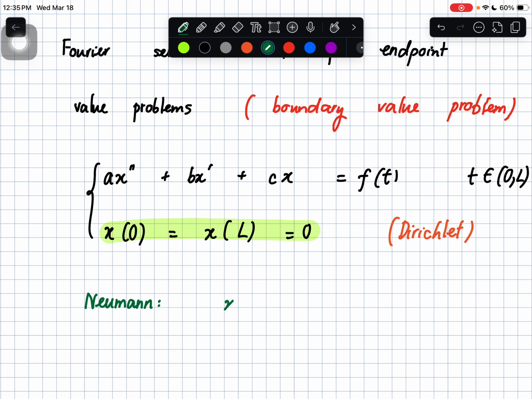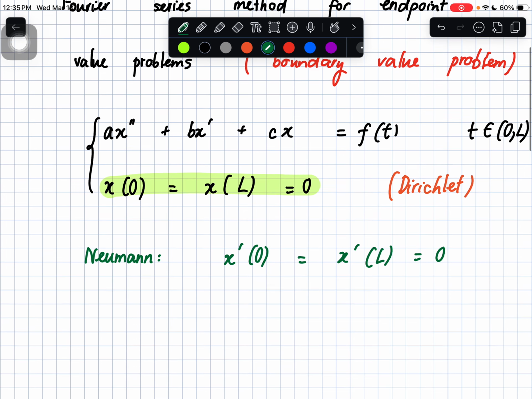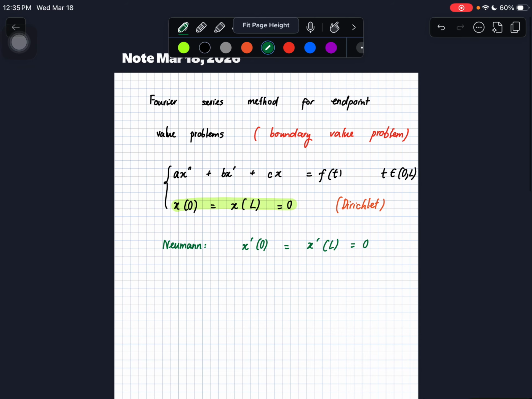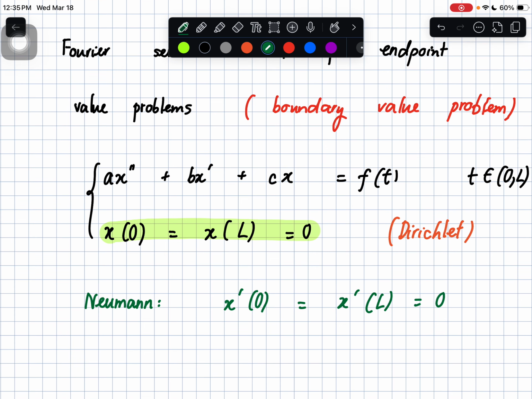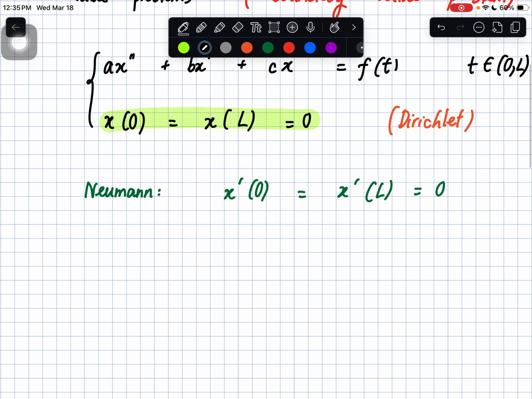They can give you x prime at 0 equal to x prime at L equal to 0. Depending on the type, we use the Fourier sine series or Fourier cosine series. And we can solve this ODE to get the formal Fourier solution.